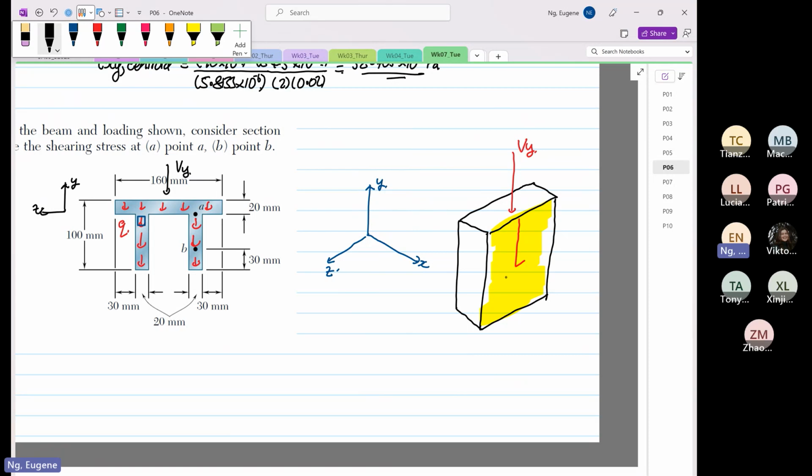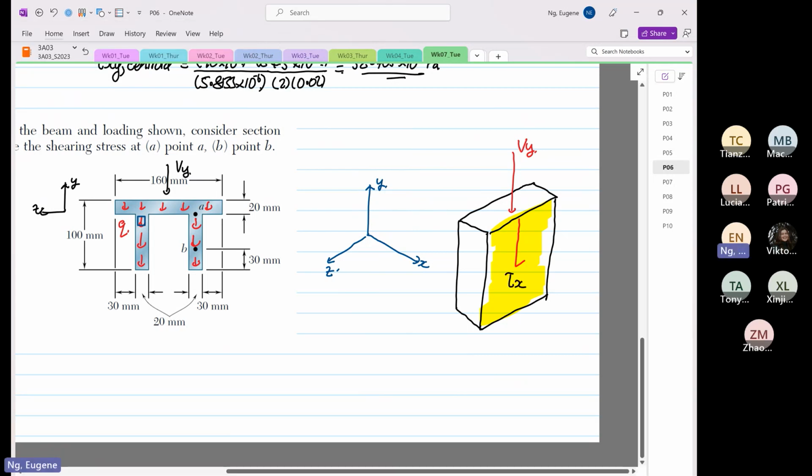So the intersecting plane is x, because when I draw the yellow plane here, it intersects the x-axis. And this shear stress over here is in the y direction. That is why we are looking for shear xy. If we draw another arrow over here, this is shear yx, and shear xy is equal to shear yx. Are we clear? This is why in 3D you draw it this way, and that's why we are determining shear xy.